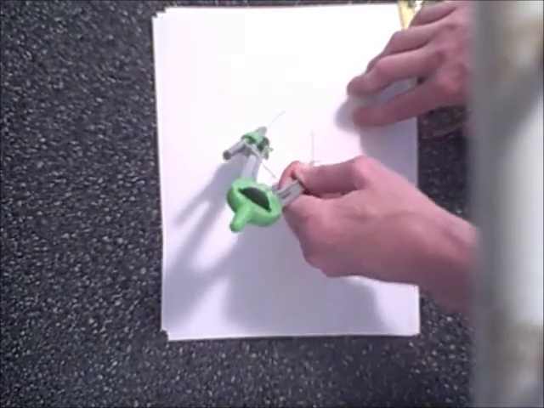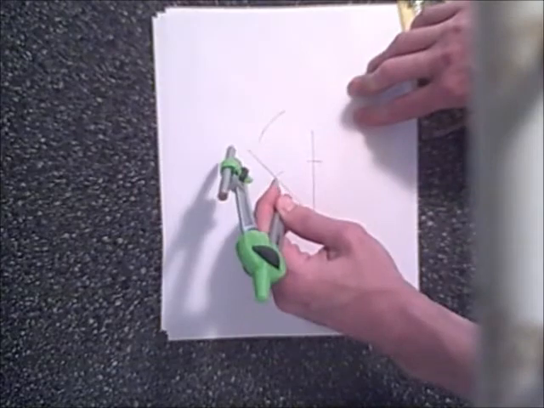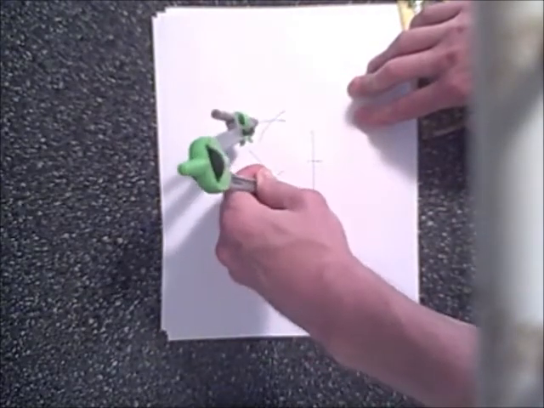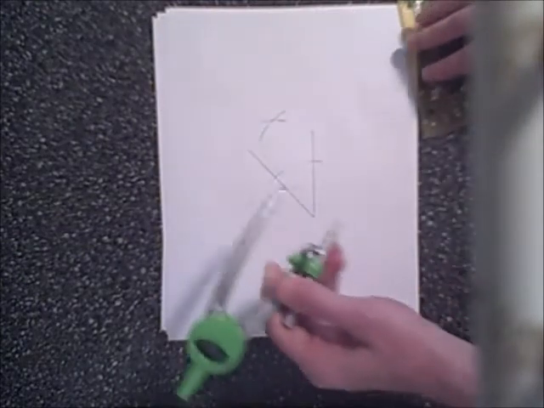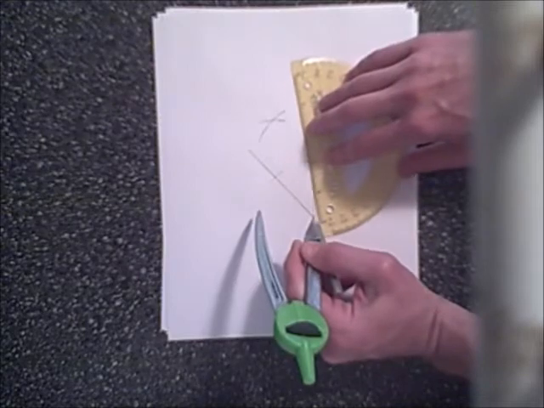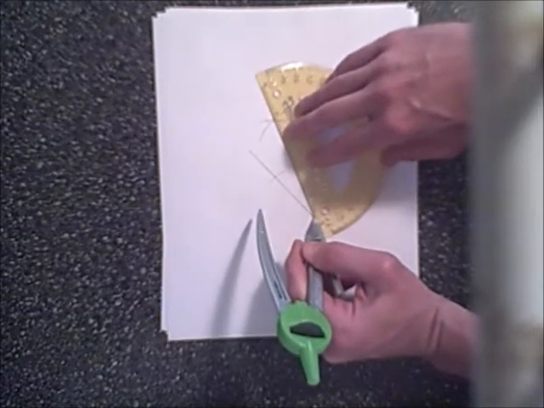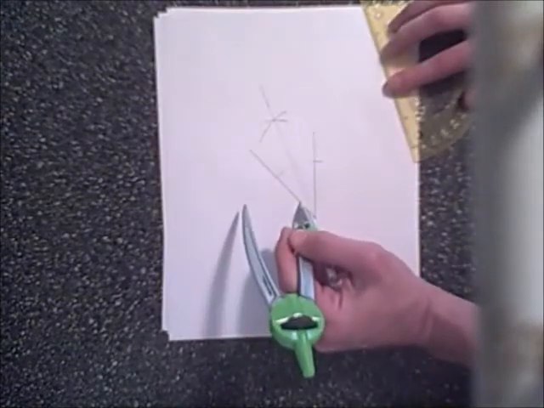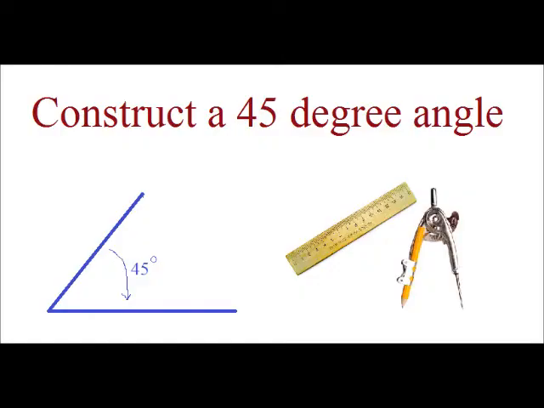So let's draw an arc like this, and over on this one we're going to draw an arc like this, and they intersect. All we have to do now is draw a line segment from the vertex through where the intersection is, like so, and we have an angle bisector.